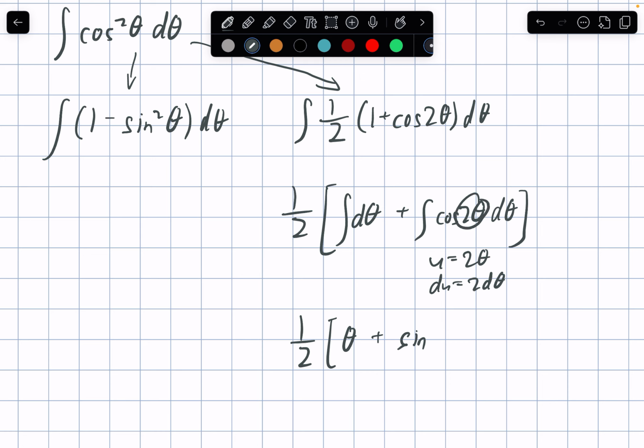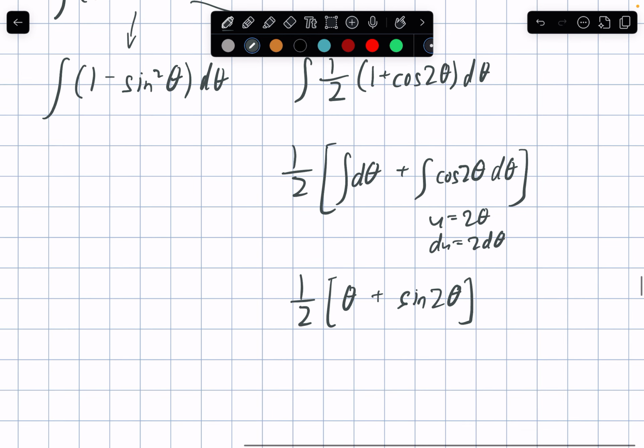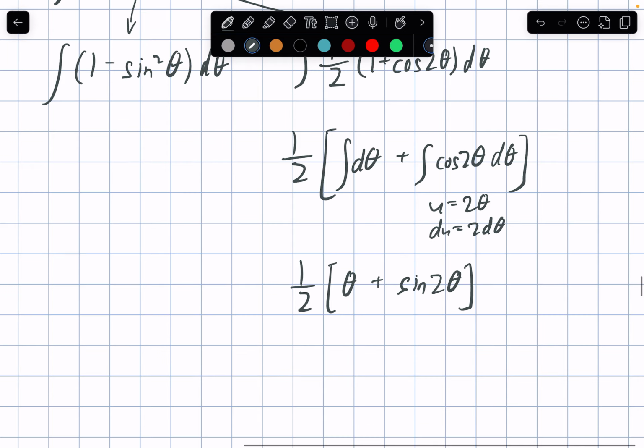The theta here is 2 theta. But since du has a coefficient, don't forget that we have to multiply the entire thing by 1/2.